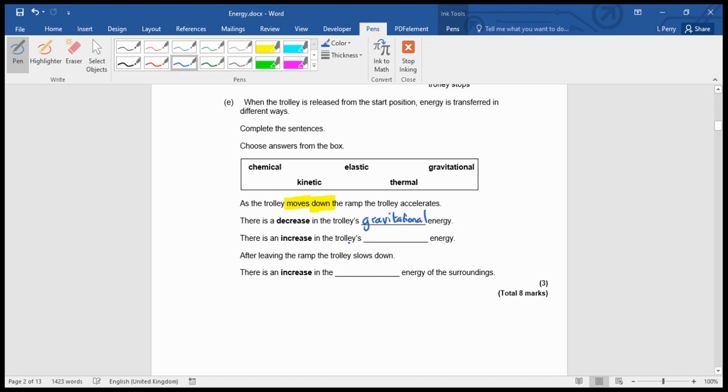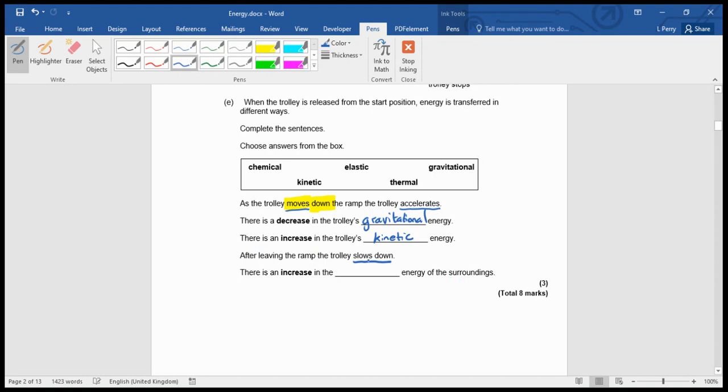There is an increase in the trolley's, and because it's accelerating, it's getting faster, it's moving faster, so it's increasing its kinetic energy. After leaving the ramp, the trolley slows down, so it must be losing kinetic energy again. But the sentence says there is an increase in the something energy of the surroundings.